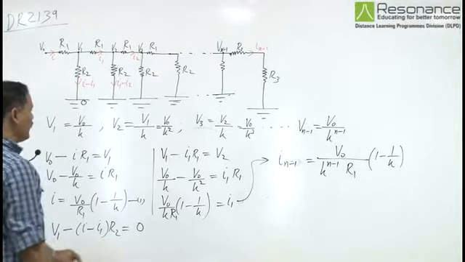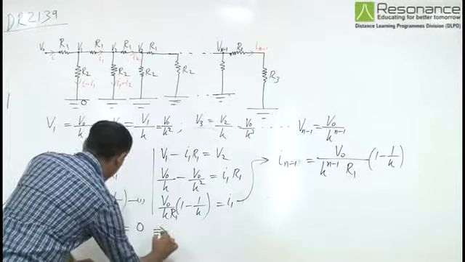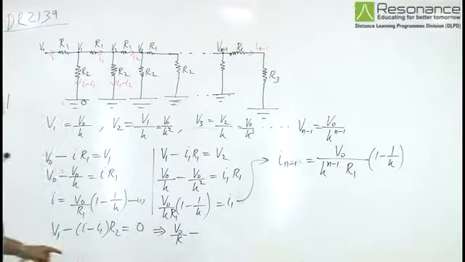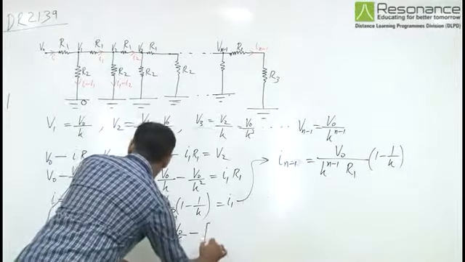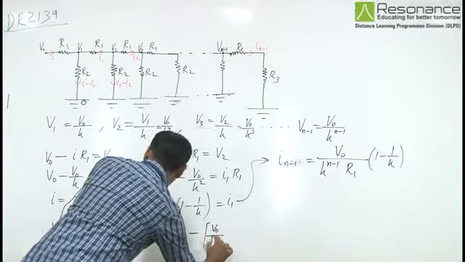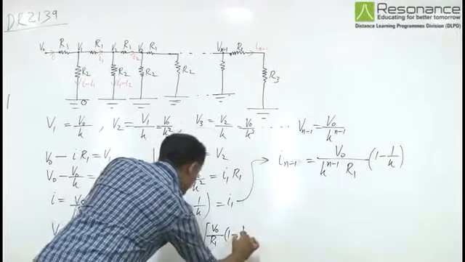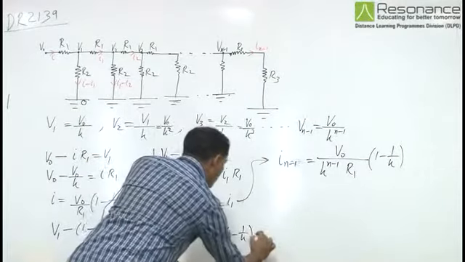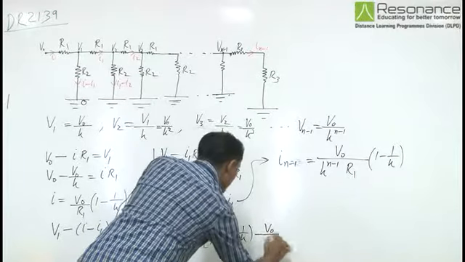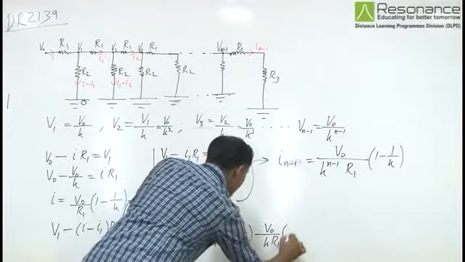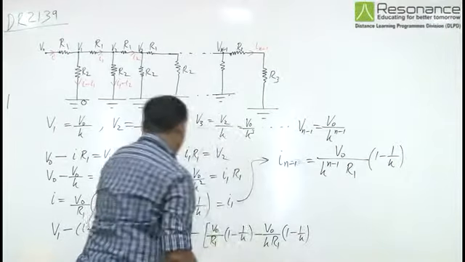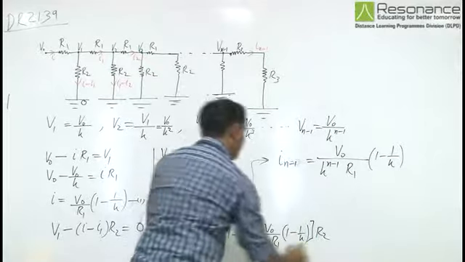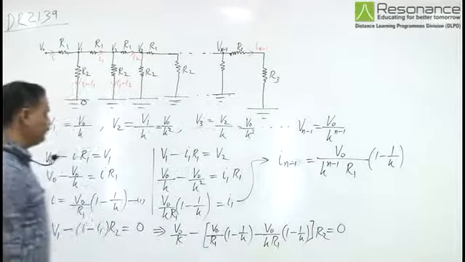If I put the value of V1, this can be written as V0 by K minus I, which is V0 by R1 into 1 minus 1 by K, and I1 is minus V0 by K R1 into 1 minus 1 by K, into R2, that is equal to 0.